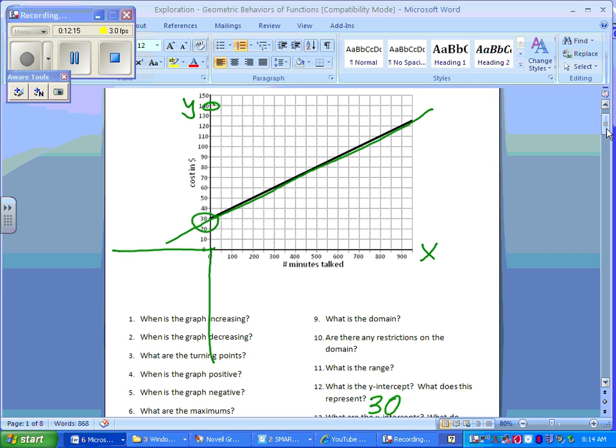If my charge is this amount right here, how many minutes have I talked according to the graph? I've talked 0 minutes. All that $30 is a service charge. And you've spoken 0 minutes. You got that?